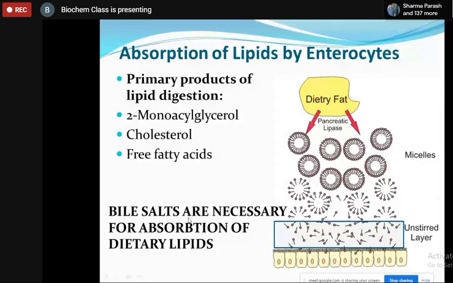Bile salts are necessary for absorption of the dietary lipids. So bile salts are necessary not only for the process of digestion, but also for the process of absorption.